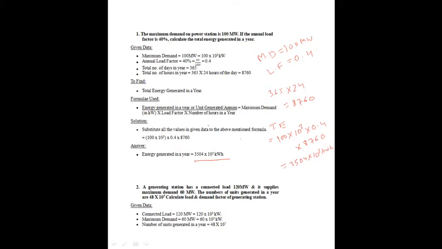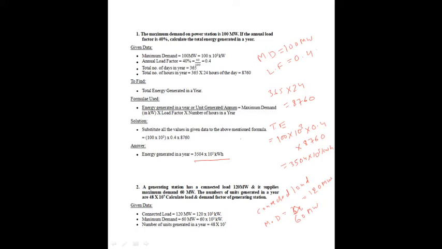This connected load is given as 120 megawatt, and it supplies a maximum demand of 60 megawatt, and the number of units generated in a year is given as 48 into 10 to the 7.